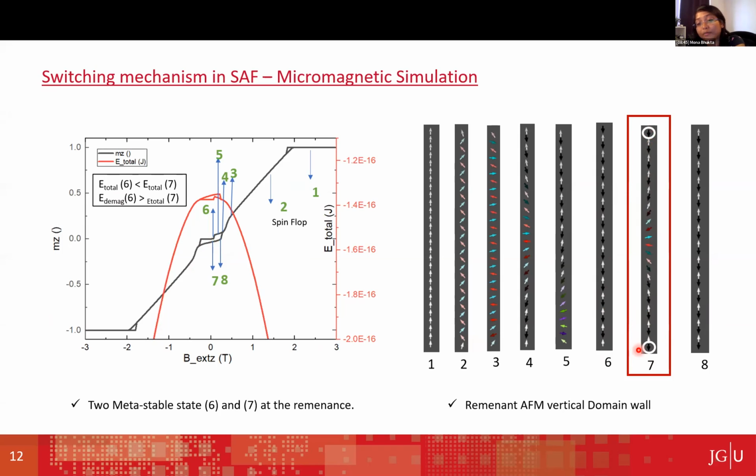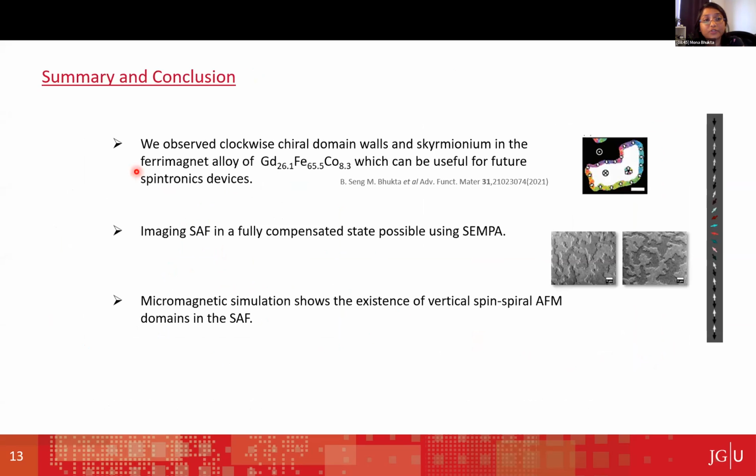So this could also be one of the possible explanations for why we see remanence in our structures in a multi-domain state. For this, we have been working further to see if we could stabilize some 3-dimensional structures. To conclude, I would first like to say that we observe clockwise chiral domain walls and skyrmionium in the ferromagnetic alloy gadolinium iron cobalt with topological charge 0, which could be useful for future spintronics devices.